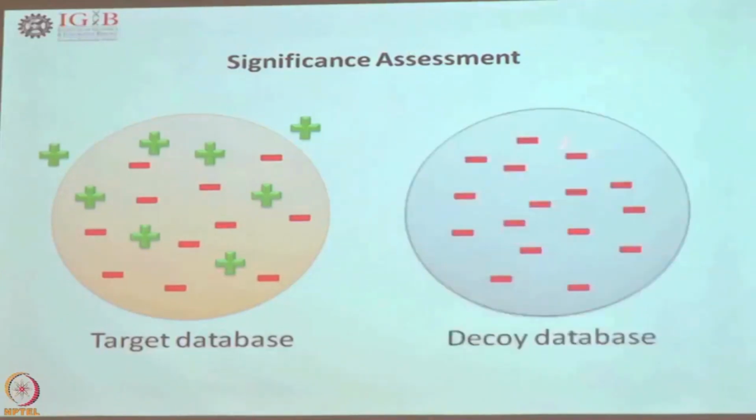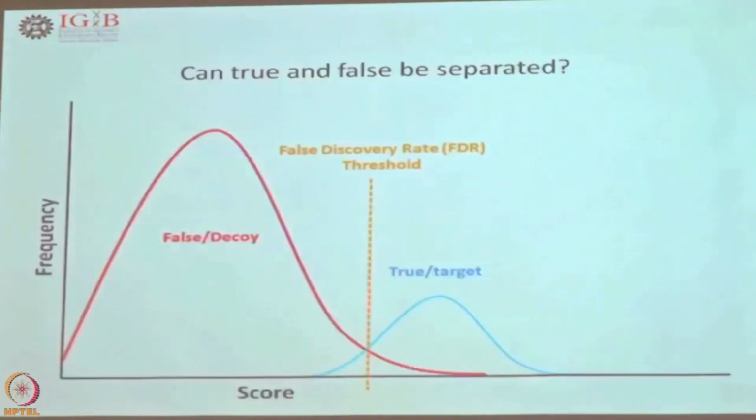Whereas, in a decoy database we know for sure that the peptides we get and the score distribution are all false. Now, a comparison between this target and the decoy, and a proper threshold, will let us know exactly what the passing score is. So, what do we generally call the false discovery rate?